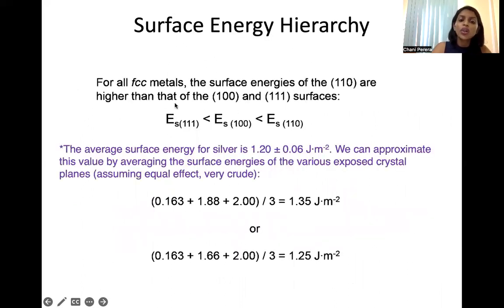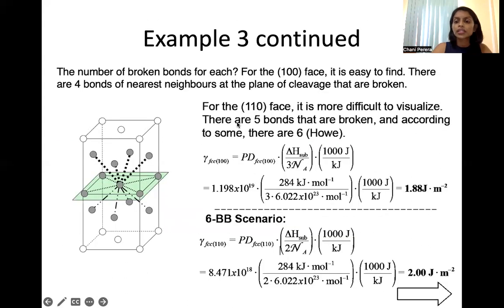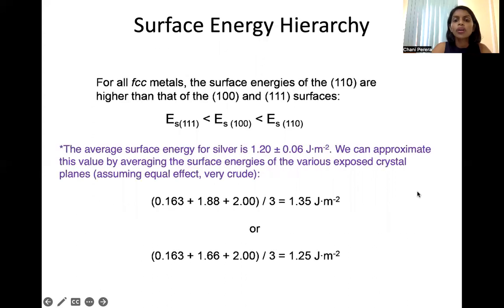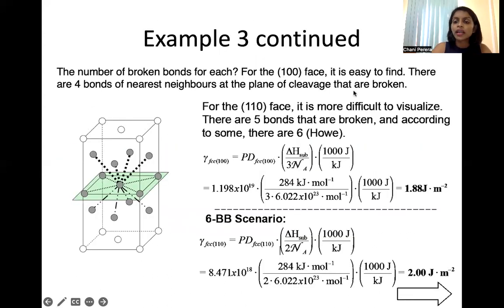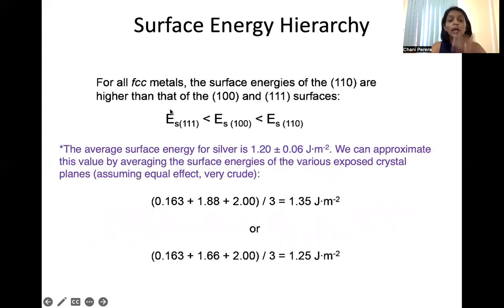So here, the lowest value, which was around 1.63, is achieved for the 111 plane, right? Then we got 1.88 for the 100 plane, and then for the 6 broken bond scenario, we got 2 joules, that is for the 110 plane. So the lowest surface energy is achieved for the 111 plane.